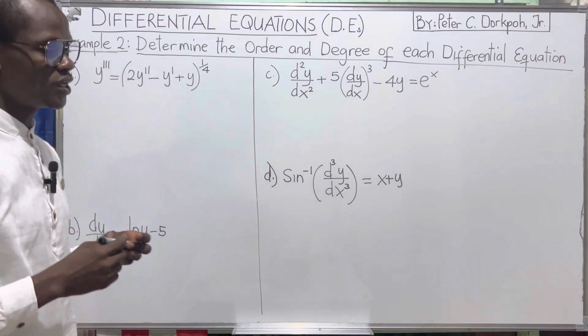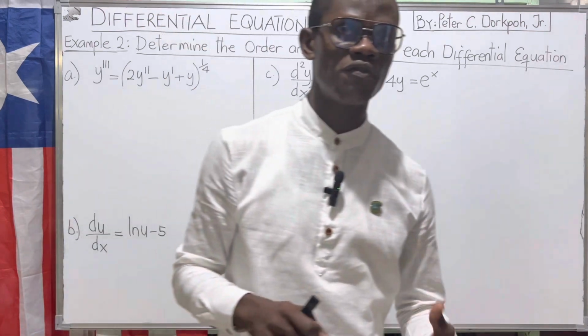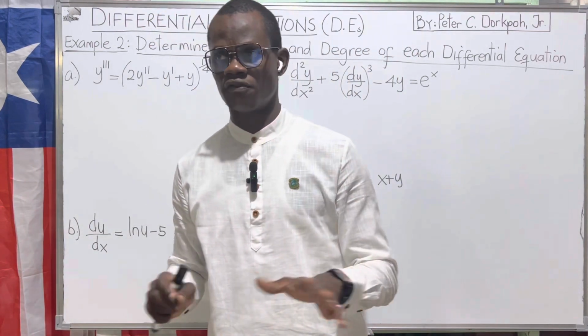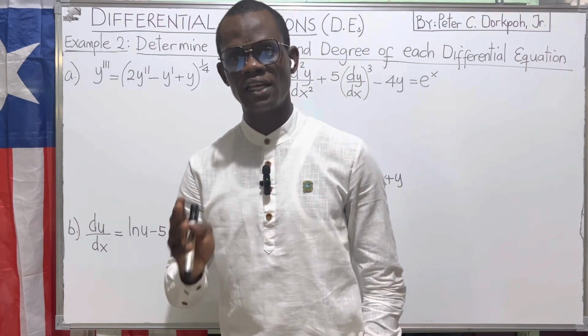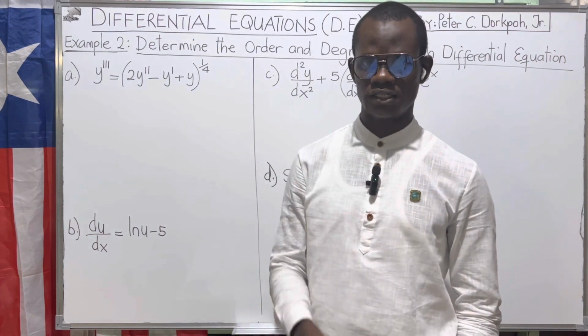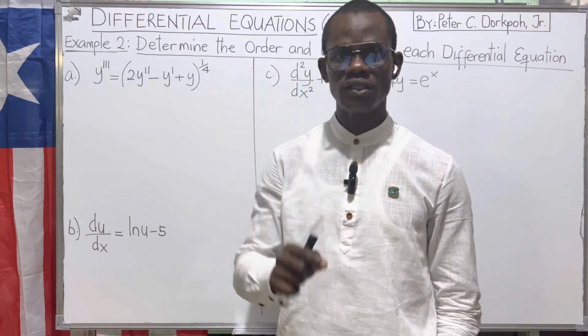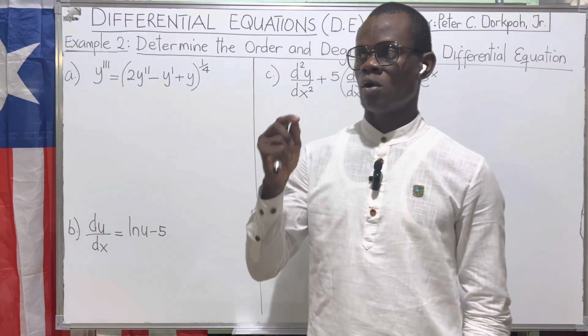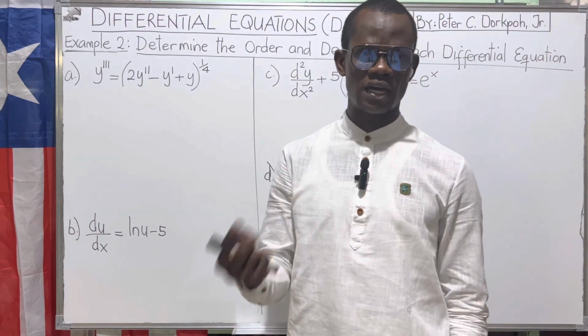You cannot say you are going to simplify before identifying the highest derivative. As soon as you see a problem, the highest derivative in that problem is immediately identified. No matter how the problem appears, you're going to easily identify the highest derivative.